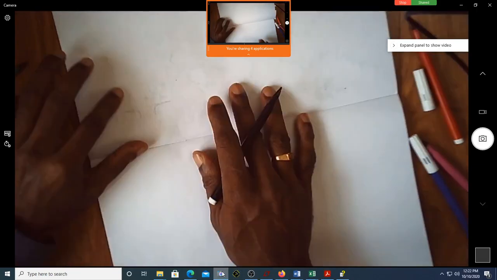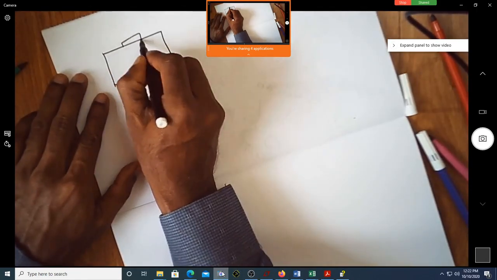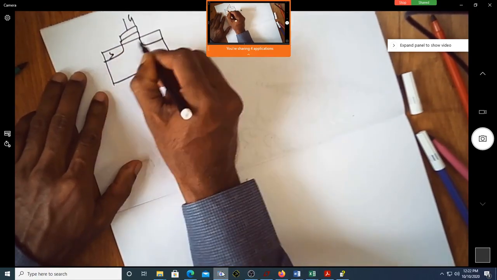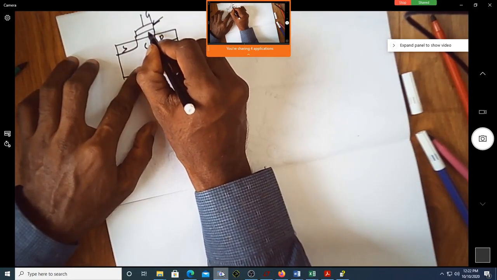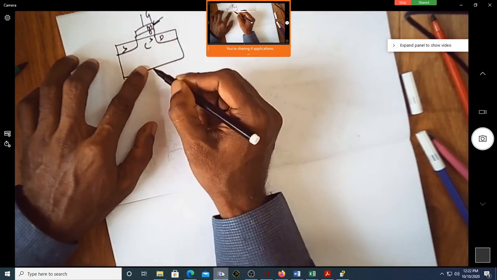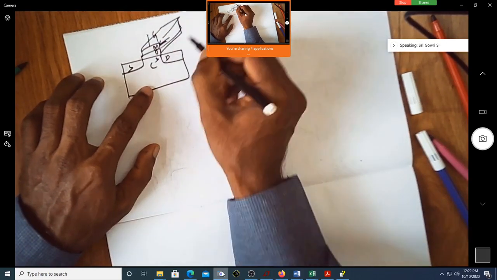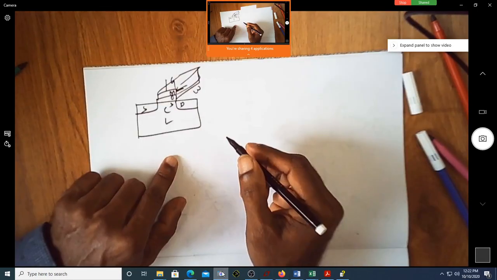Okay. I have this structure. This is gate, source, drain. This is your channel. Can you see this is metal, this is oxide, this is semiconductor. Because of this MOS structure, do you have this as a dimension? This is length, this is W, correct?